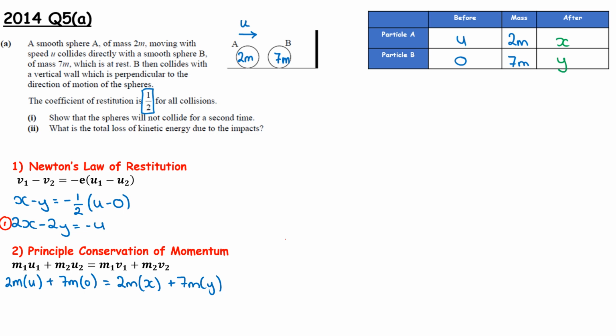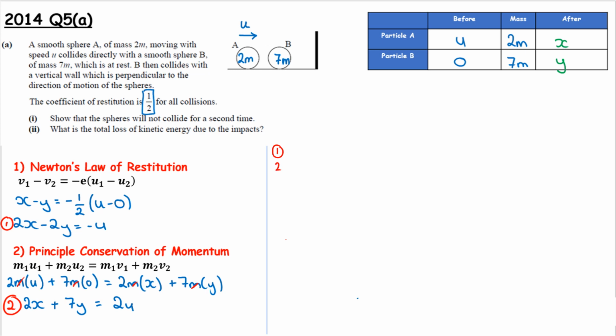The m's cancel out, so we're left with 2x plus 7y is equal to 2u, and that is equation 2. And we need to understand, well, what is the value of x and y in terms of u.